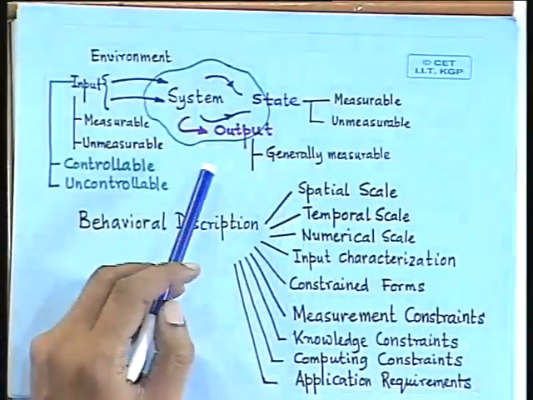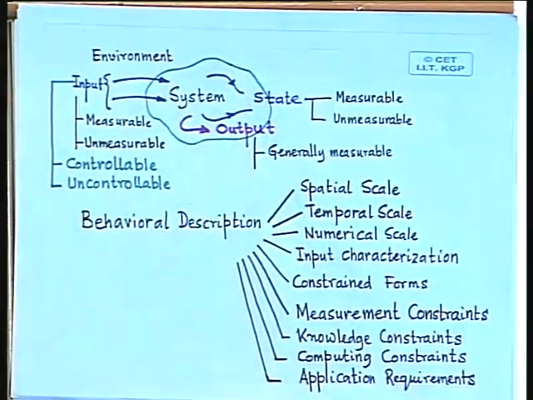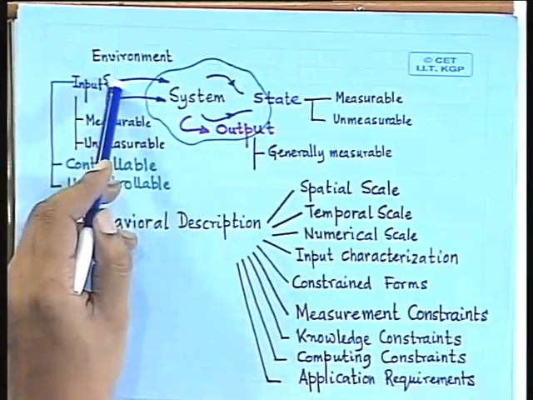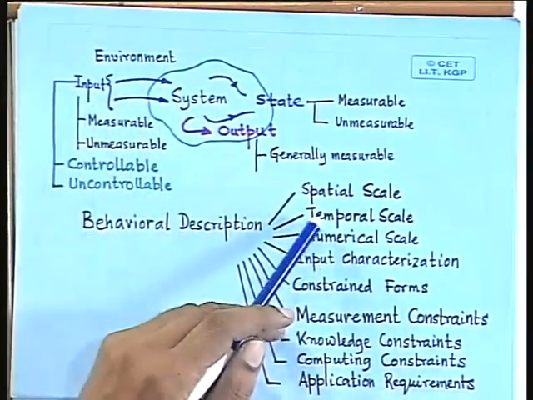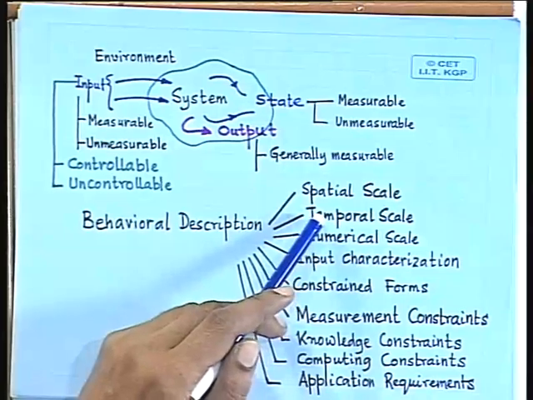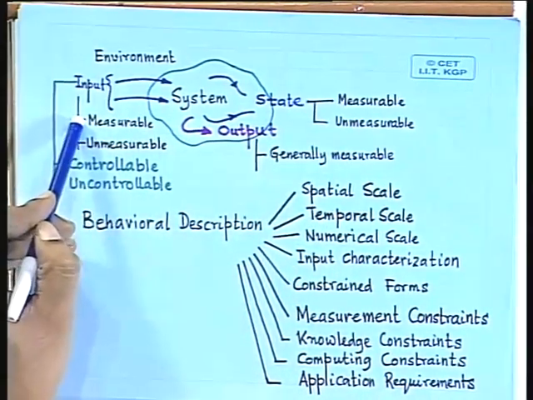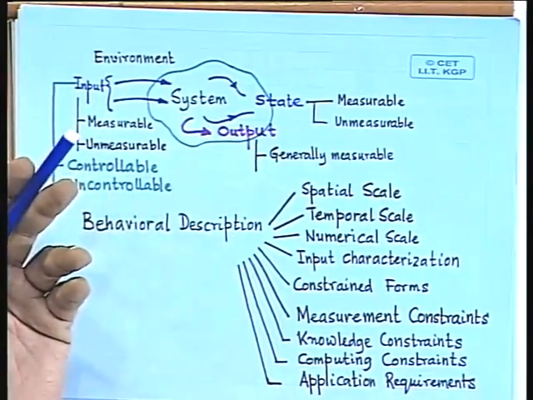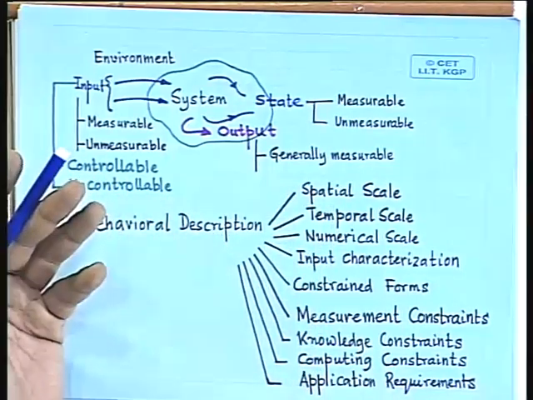So here what I tried to say is that this is a system, it has a boundary, and it is influenced by quantities outside it. Such quantities are called inputs, and inputs may be either measurable or unmeasurable. That is, you may be aware of its existence, but in a given situation you may not be able to measure it.